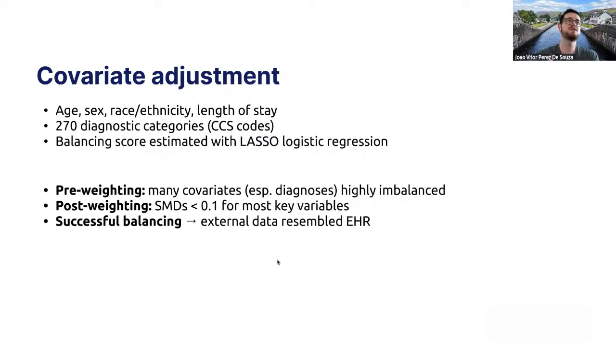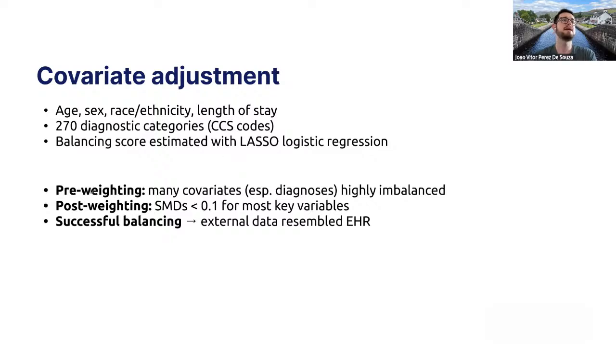To do this, they adjust for covariates using age, sex, race or ethnicity, and length of stay. They also adjust using the diagnostic categories, the CCS codes, and they do that balancing score with the lasso logistic regression that I told you before.